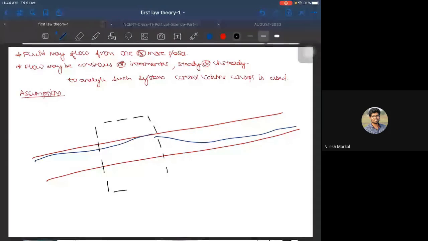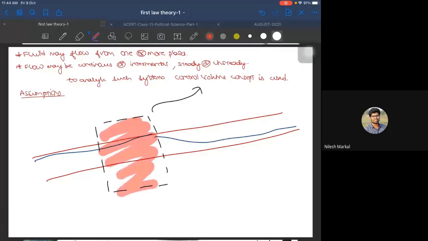In that control volume, we study the various parameters we require. The control volume is used because the flow will not be continuous, it will be intermittent, and the flow will not be steady, it will be unsteady, and it changes all over the length of the system. So it becomes tedious and complex to analyze such systems. Generally, we select the portion of the system we want to study, name it the control volume, and analyze only the control volume within the system.